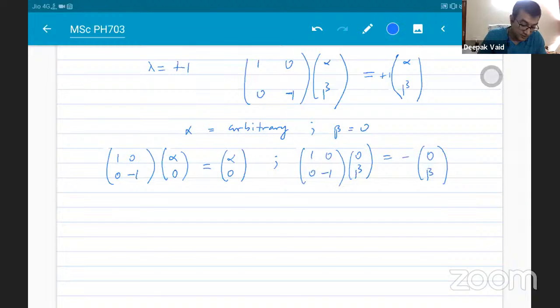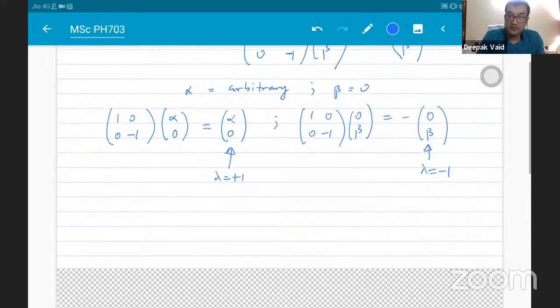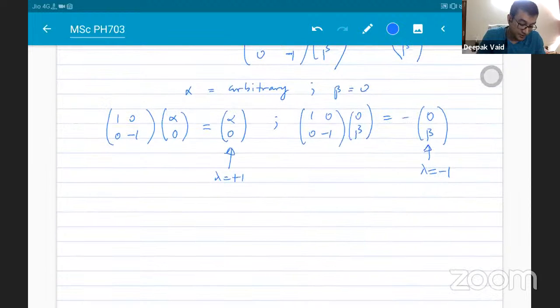So this corresponds to lambda is equal to plus 1. This corresponds to lambda is equal to minus 1. Now you will say, well, these are not unique eigenvectors. So they are unique up to scaling. So this I can write as alpha times 1, 0. And this I can write as beta times 0, 1.